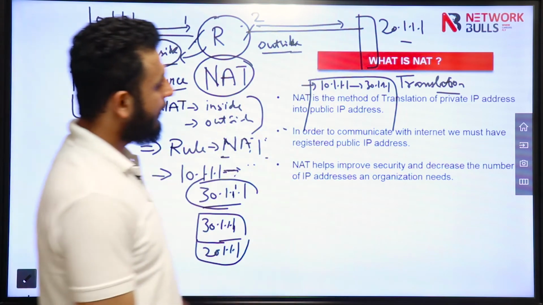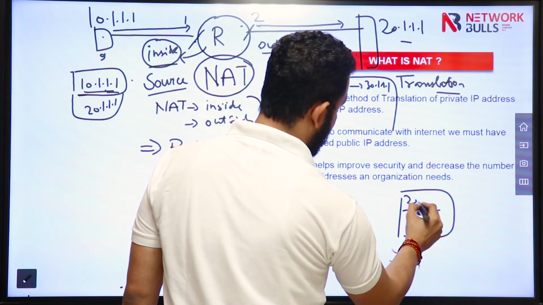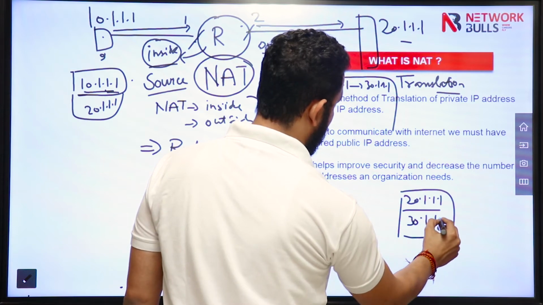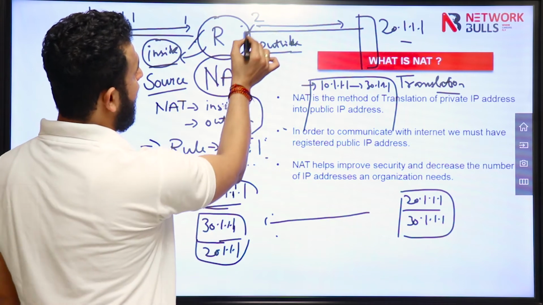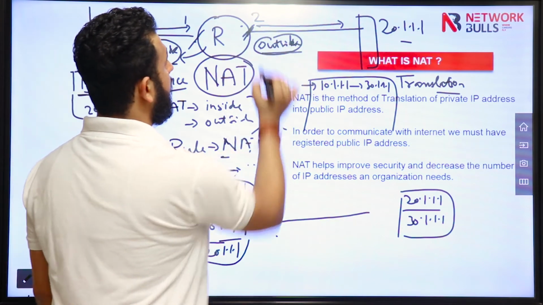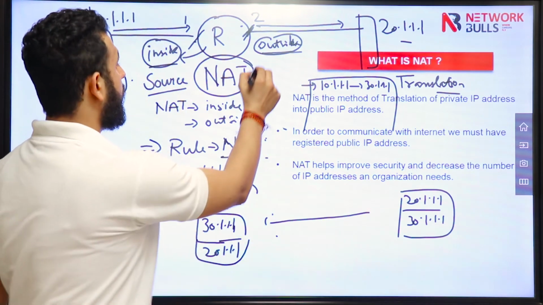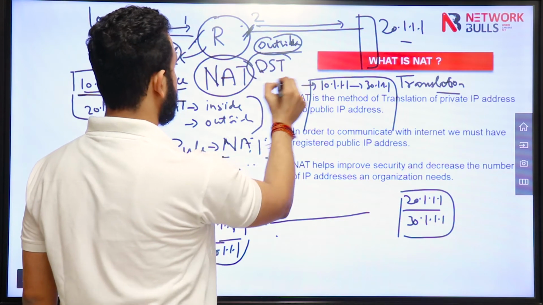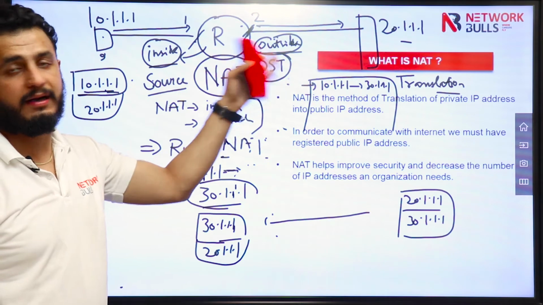Now the server has to send back a reply. The server will use the source IP 20.1.1.1 and the destination IP will be 30.1.1.1, and it will send it back to the router. Now the router receives traffic on which interface? Outside. Whenever traffic is received on the outside interface, the router will translate the destination. So for inside you can remember source, for outside you can remember destination.